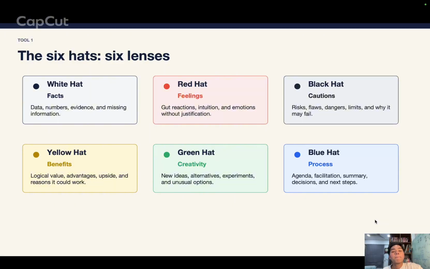So the blue hat manages the thinking process itself. They think about what is the input, activity, and output, and exit criteria. So it decides the agenda, which hat to use, how much time is spent, and the overall process of a project.